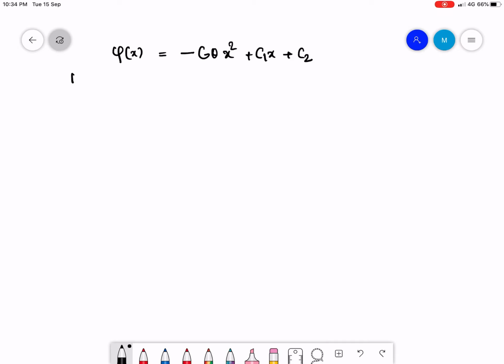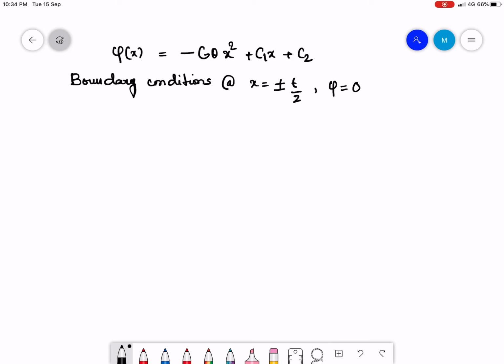Now, let us apply the boundary condition at x equal to plus or minus t by 2. From the deformed shape we know that phi is going to be 0.